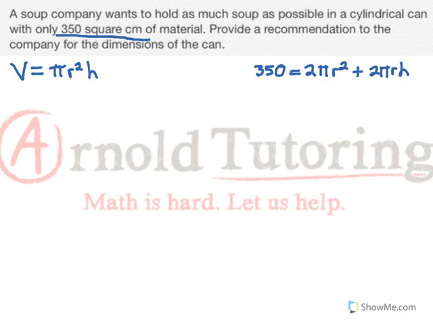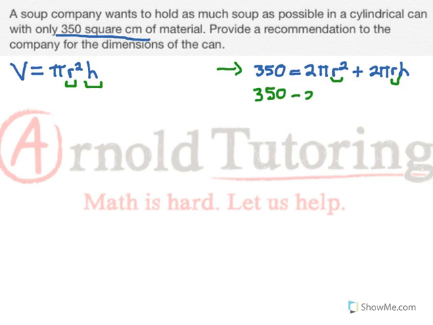So we use this second piece to get down to one variable in our volume formula by using substitution. So I'm either going to replace r or replace h. Since in my surface area formula here I've got an r squared and an r, that's going to be difficult to get on its own, so I'm going to replace h. So I'm going to get h on its own in this surface area formula.